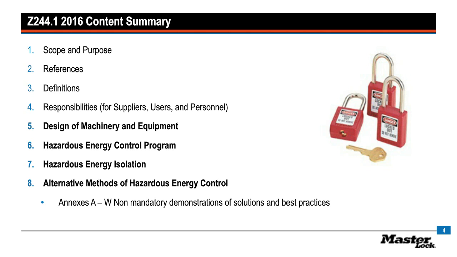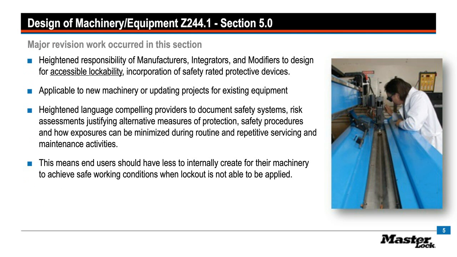So to start the conversation, I want to start off with foundation, and that is how the equipment is designed to be more friendly for people trying to isolate and secure sources. Major work revolved around talking about the responsibilities of manufacturers, integrators, and machine buyers to incorporate an easier ability to apply lockout to the machinery. It comes in two ways.